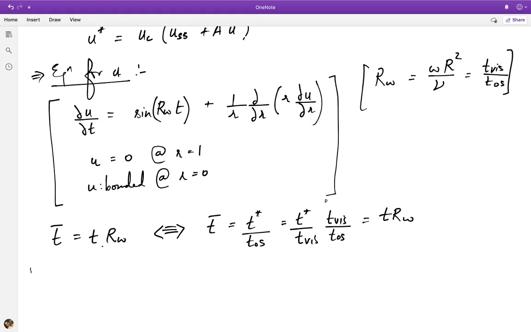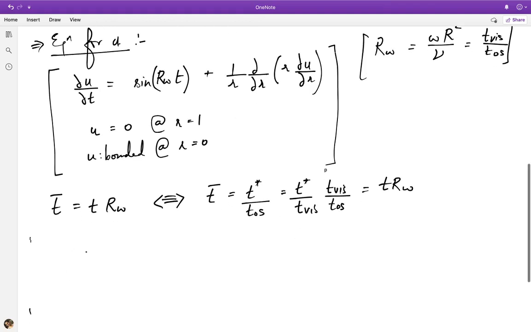So you see the transformation I'm doing, which mathematically, if I do this transformation, I'll get sine t bar here and rω will pop out of the unsteady term. But physically, in terms of scaling, you can see it makes sense, because I'm now rescaling the problem, saying the characteristic time is the oscillatory time scale, so that I can look at the problem in different limits.